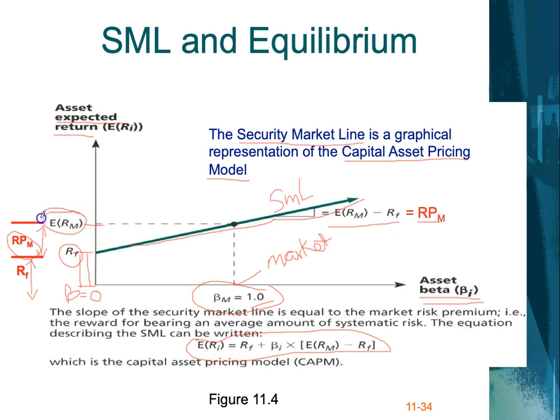See right here, expected return of the market minus the risk-free leaves the risk premium of the market. So we can insert right here, look at this part of this equation right here. The expected return of the market minus the risk-free is the risk premium of the market. Okay, so we'll go over this some more here.